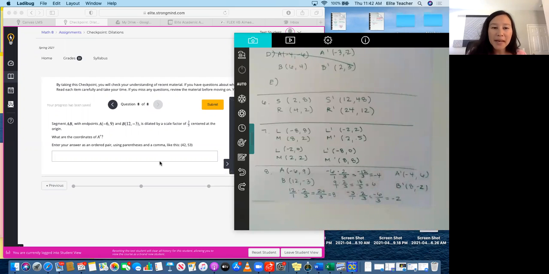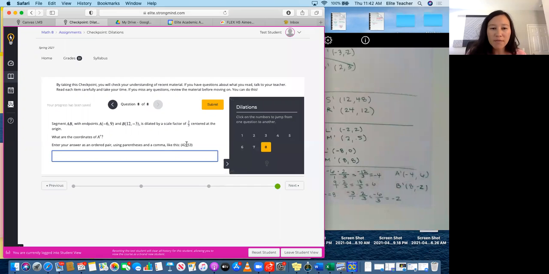Okay, and then Strongline is picky, so make sure to leave the space after your comma when you're typing in your points. Oh, and it's just asking for the coordinates of A. We did extra. So the coordinates of A is -4, and then comma, and then space, 6, parentheses.